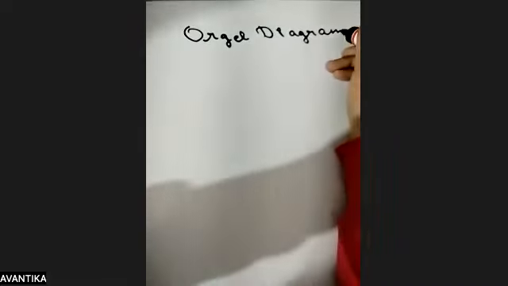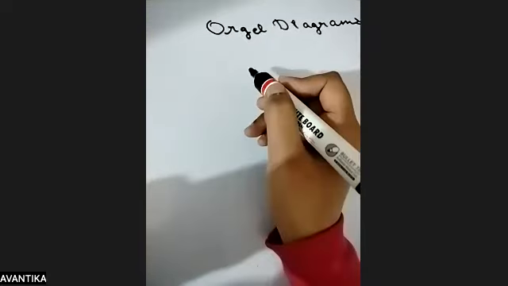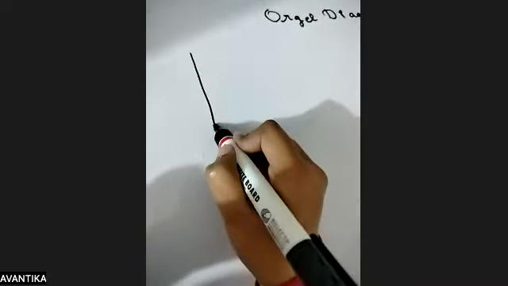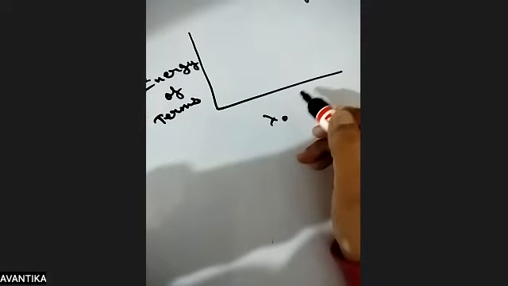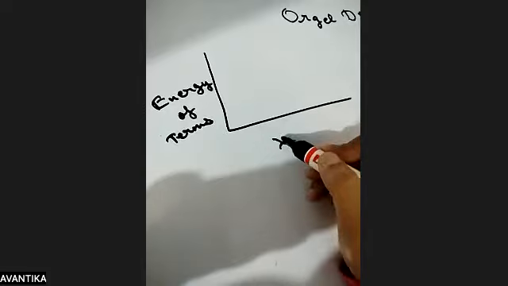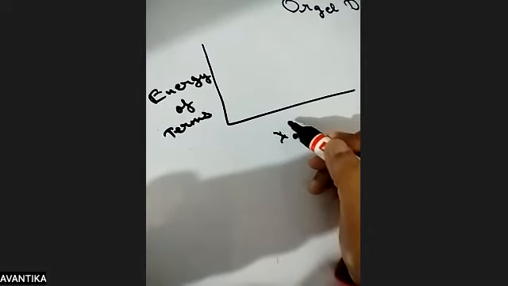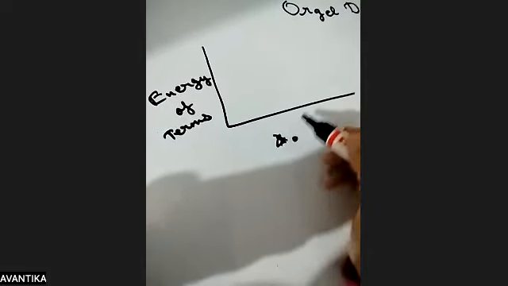So orbital diagrams are made between... like here we will represent the ground state term.